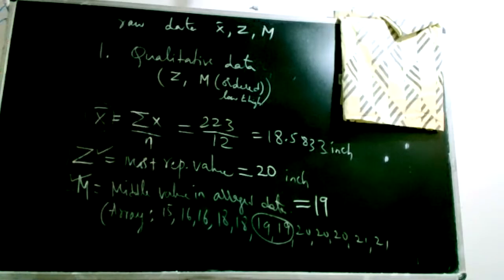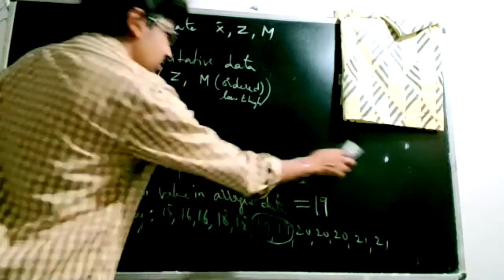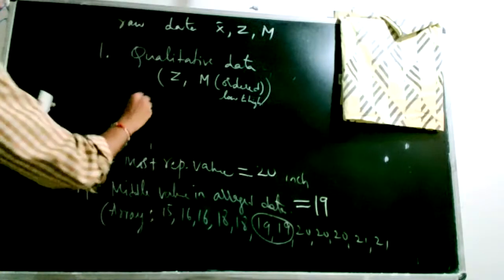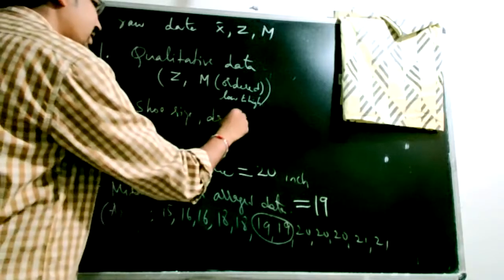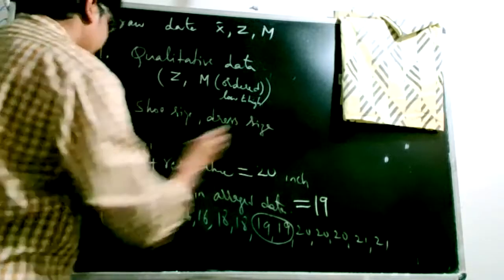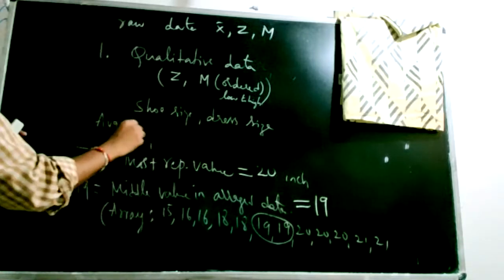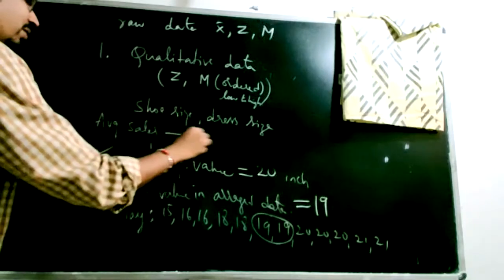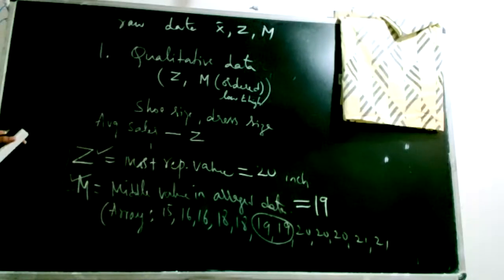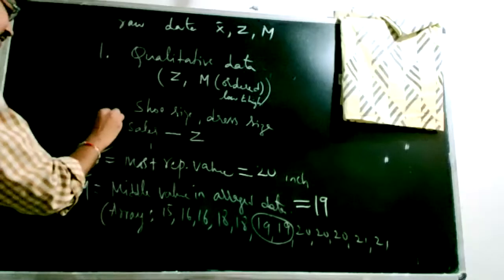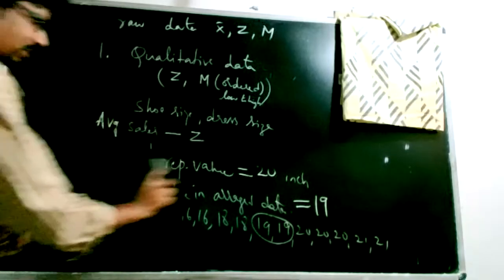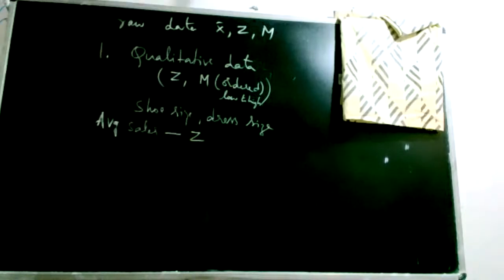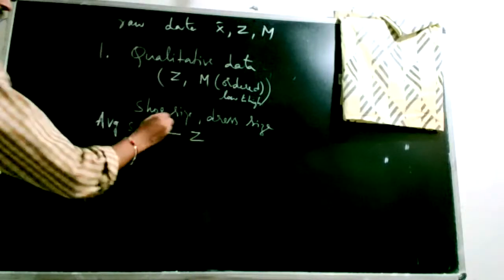And when it comes to variables like shoe size or ready-made garment or dress size, if you want to talk about the concept of average sales, then we talk in terms of mode, because for these cases you cannot talk about average sales in terms of median or the arithmetic mean, since x bar need not be one of these values.